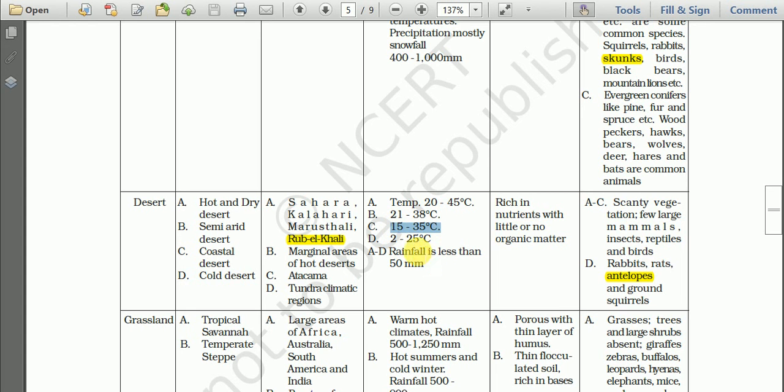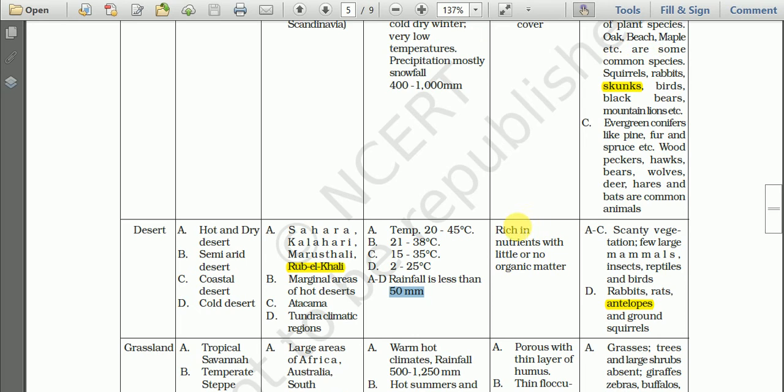And for the cold desert, 2 to 25 degrees Celsius. And the rainfall condition in all the cases is less than 50 millimeter, that is 5 centimeter. Then soil condition rich in nutrients with little or no organic matter.